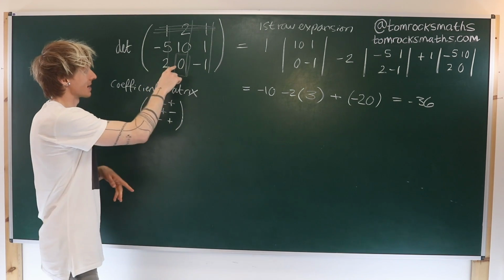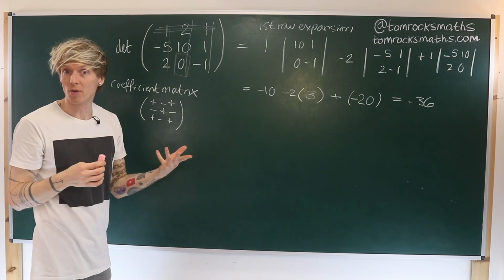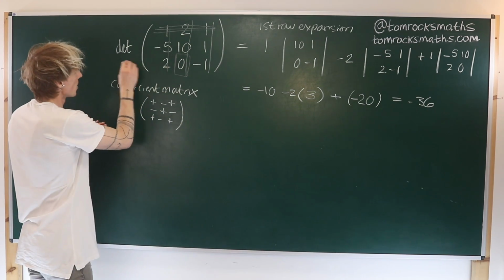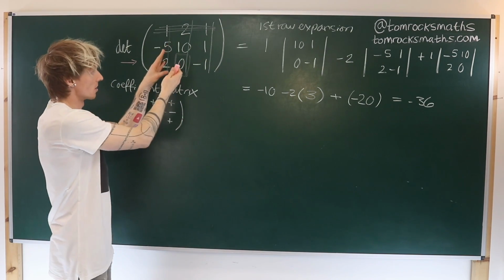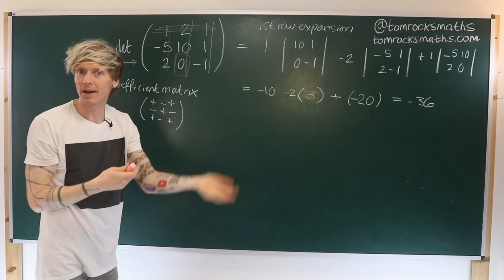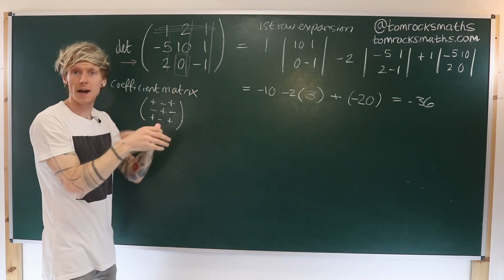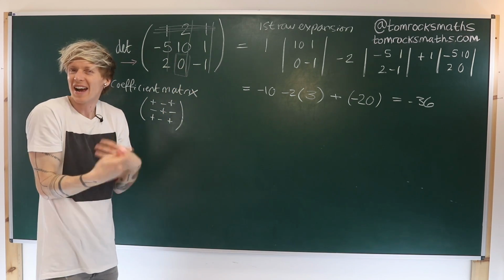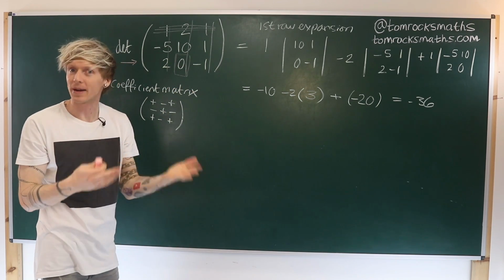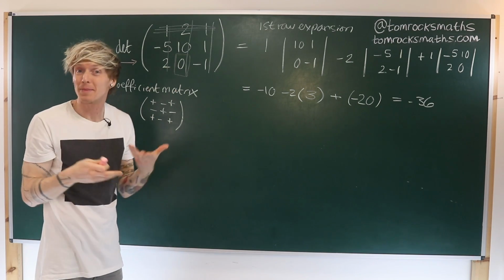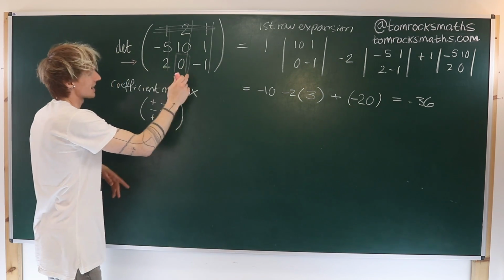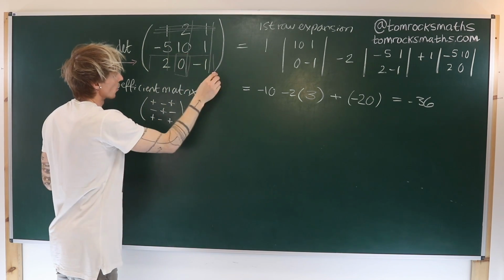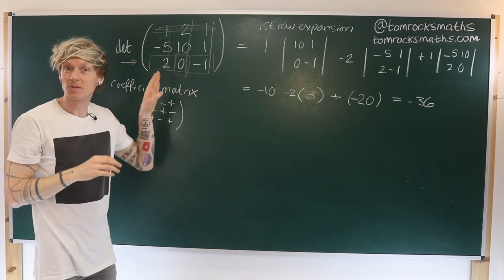Because when we expand, for example, if we do the third row, which is what we're going to do, that second term, multiplied by a 2 by 2, is 0 times the 2 by 2. So we don't actually need to calculate the 2 by 2 because it's going to be multiplied by 0 and therefore always give us 0. So expanding in the third row is actually going to save us some work.